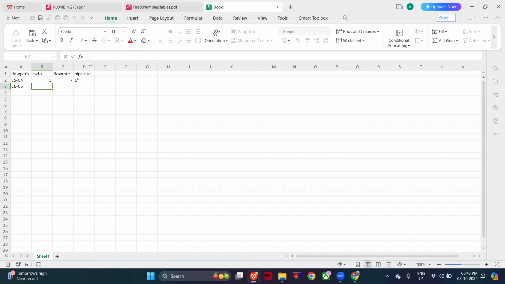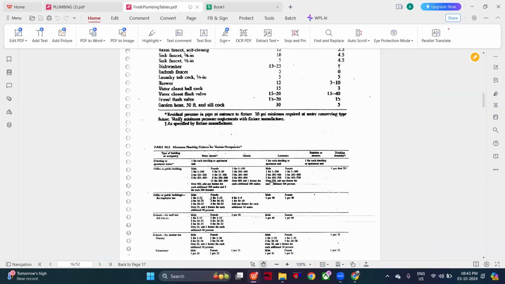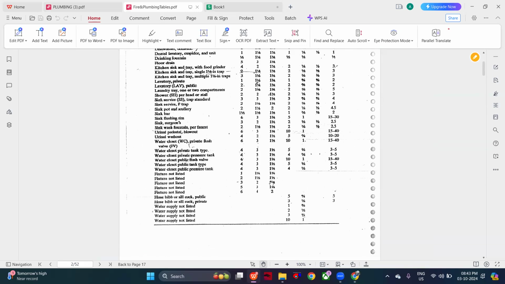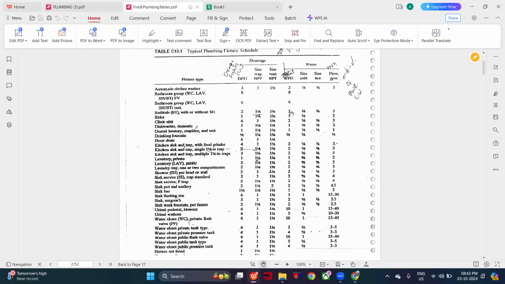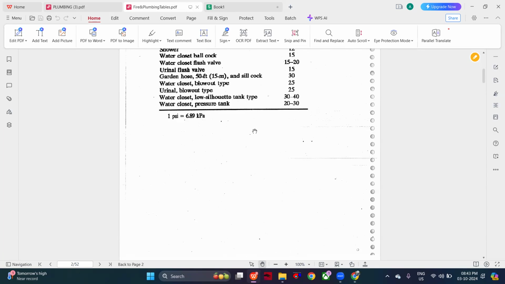I already got 5. Now I have to find out the bathtub fixture unit. So bathtub is 2. Water fixture unit is 5 plus 2, which is 7. Now I need to find out the flow rate. Page number 7.